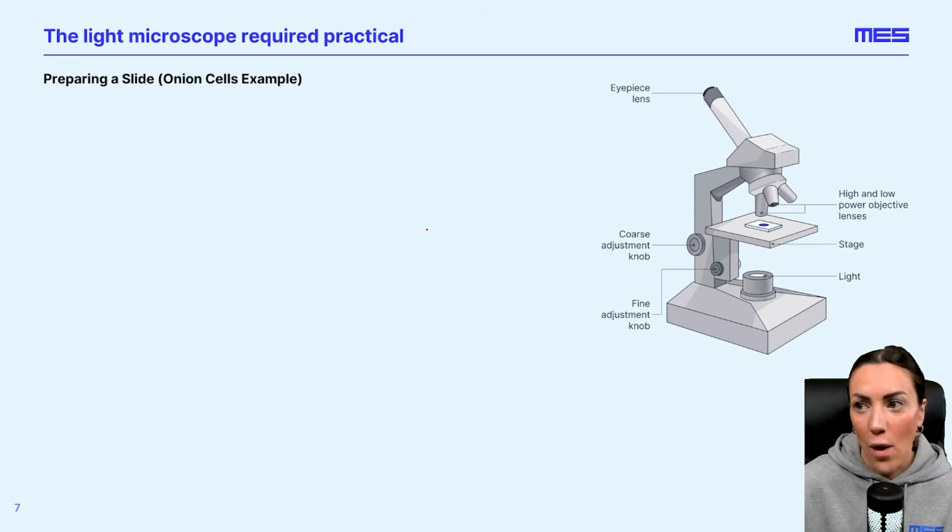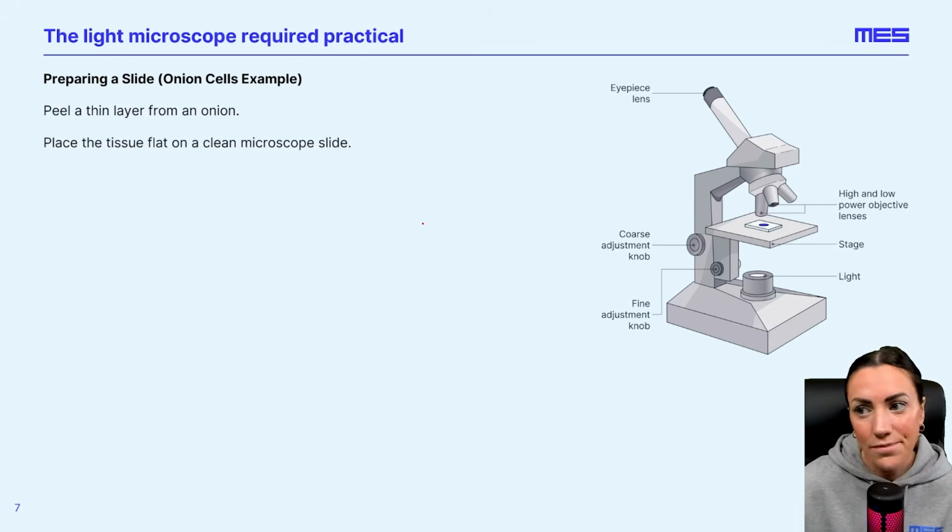Let's think about our required practical. So during your required practical in Module 1, using the microscope, you would have to prepare a slide to view under the microscope. You're probably going to look at onion cells. So let's go through that example. You do need to peel a thin layer from an onion, and onion cells are obviously plant cells.